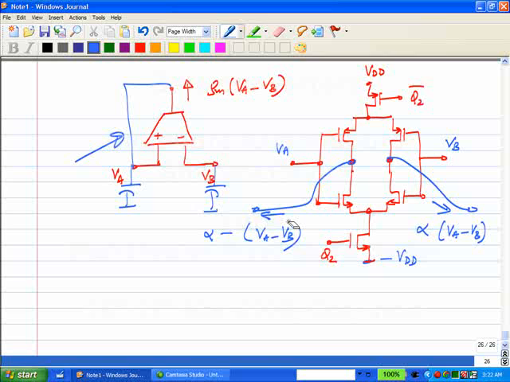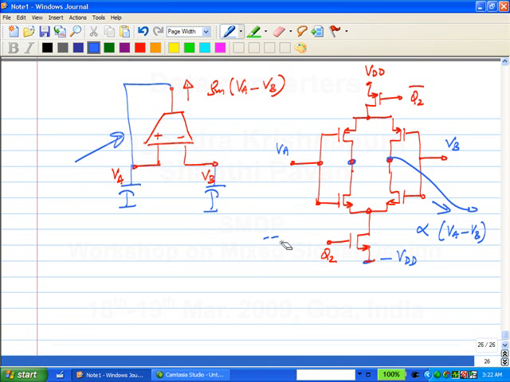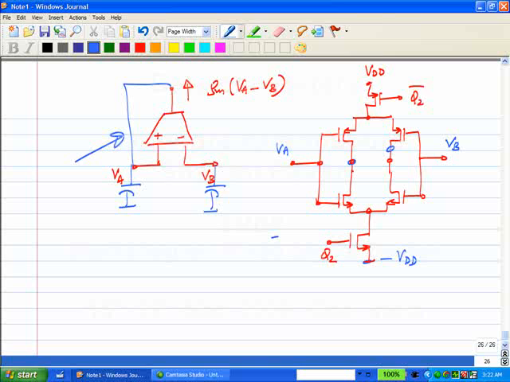So I need to, therefore, connect this fellow to VA, correct? And this fellow to, correct? And we need to add all the extras.